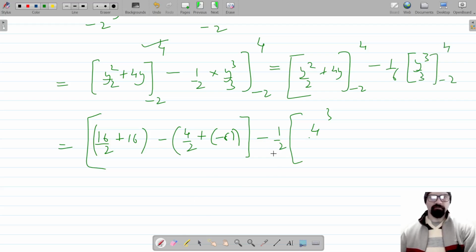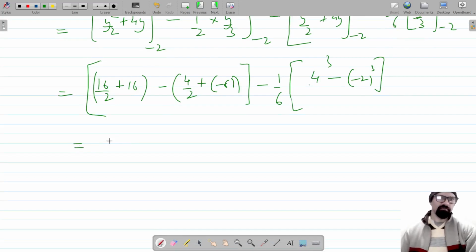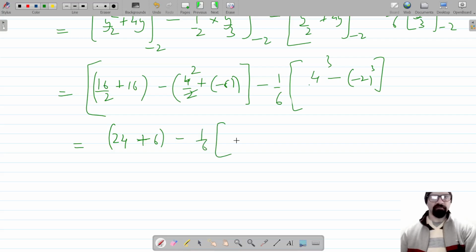So this becomes 1 by 6 times 4 cubed minus negative 2 cubed. So 16 by 2 is 8, 8 plus 16 is 24, minus 2 minus 8, which is negative 6, so plus 6, minus 1 by 6, where 4 cubed is 64 and negative 2 cubed is negative 8, which becomes plus 8.